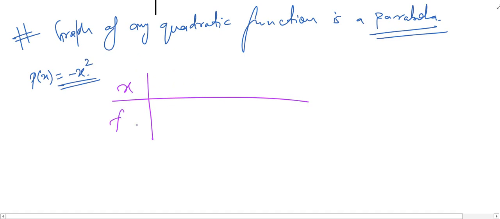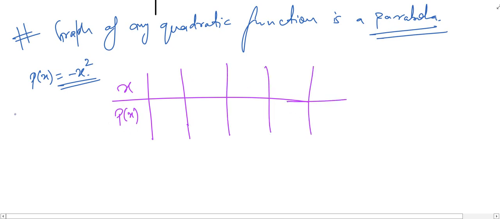Here we are putting x, and we are having p(x), not f(x), because this function has been changed. We'll take 5 values again. Let's discuss this function p(x). In this function, a is equal to -1 and again b is equal to c is equal to 0. So we are now focusing on the coefficients and their effects upon the graph.